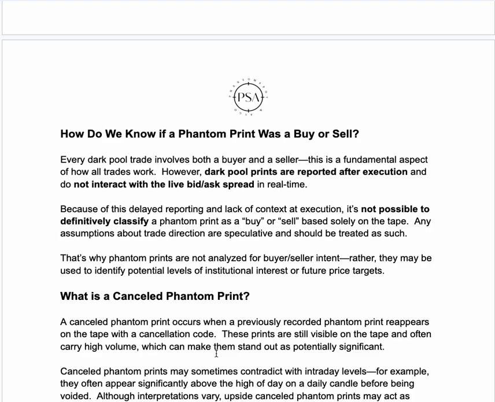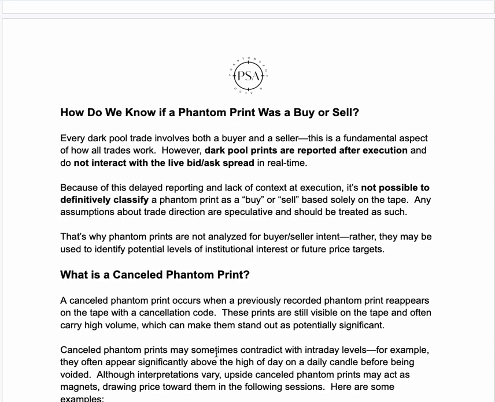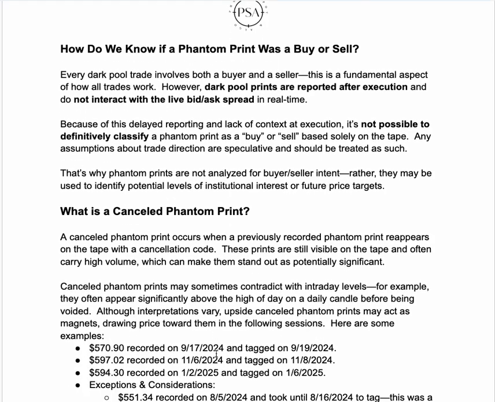It's not possible to classify it as a buy or sell because there are two parties in the transaction. Any assumptions that you make are speculative and should be treated as such. We don't analyze them for buyer and seller intent. We just mark them as levels of institutional interest or price targets.